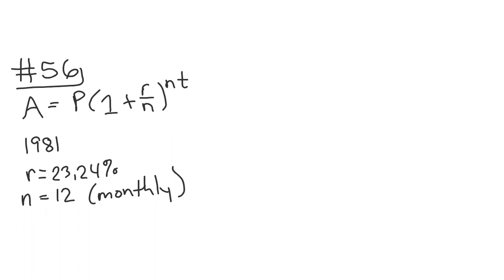If you had invested $80,000 at that time, how much would you have on August 8th of 2014, assuming that you could have locked the interest rate at the time of the deposit? Use the formula given.